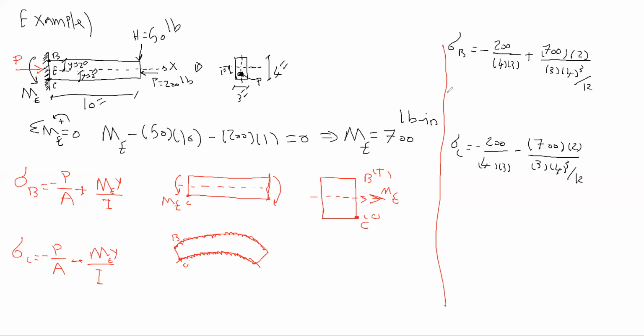The answer I have for sigma B, negative plus positive, is 70.83. What is the unit? PSI.